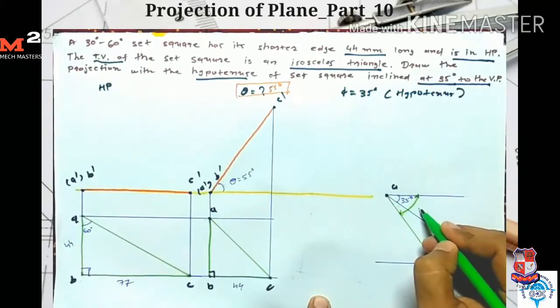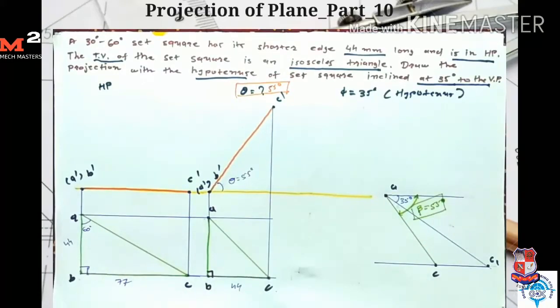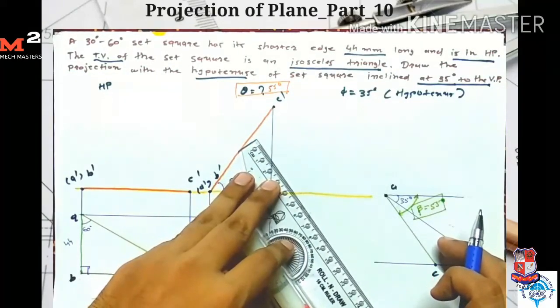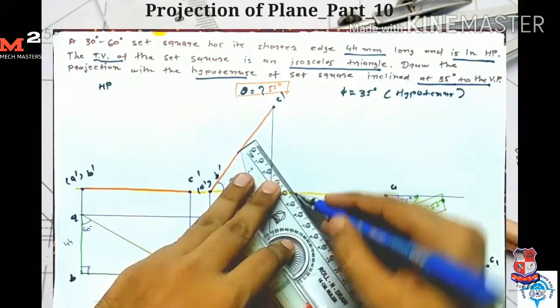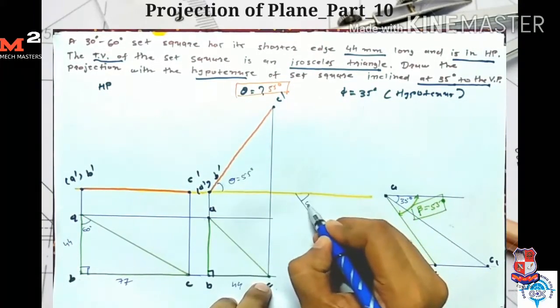So here angle beta is equal to 55 degrees. Now we draw the hypotenuse AC at an angle of 55 degrees. First I draw one line at an angle of 55 degrees, because the hypotenuse makes this angle of 55 degrees.